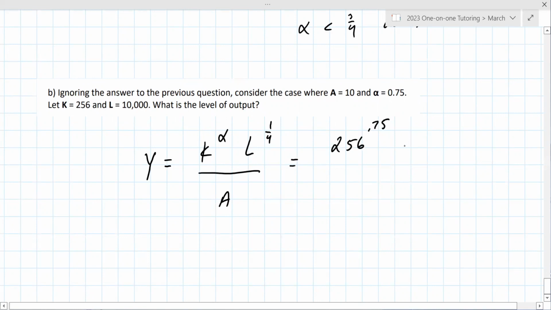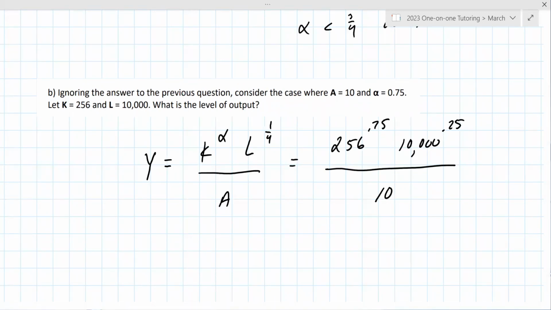Are you using a TI-84, something like that? Yes, exactly. And then 10 here. So you have to be able to do that calculation, whatever it comes out to. It ends up being 64.